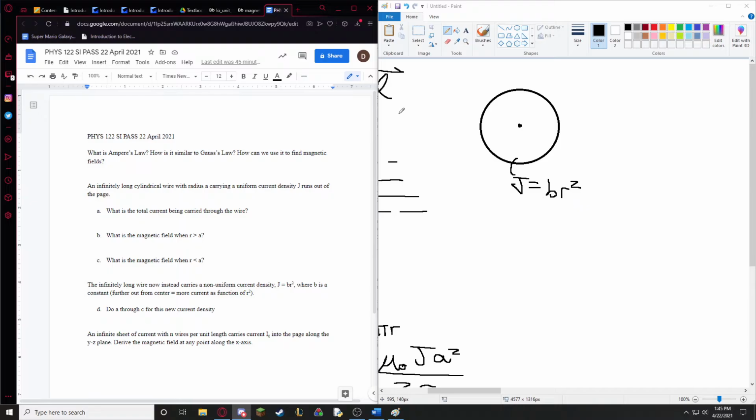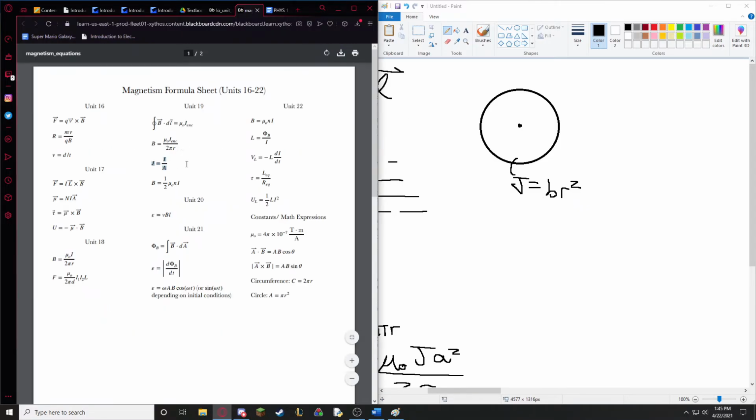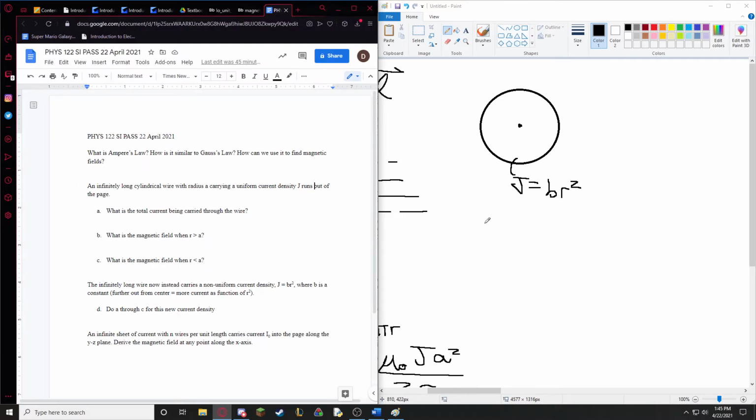Let's put it this way. The formula you guys are given here, J is equal to I over A, so I is equal to J times A, is actually a simplified version of the actual formula that you use when J is a constant. Essentially, we have to integrate our J over the entire area.